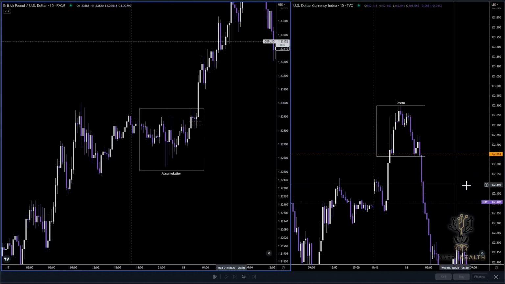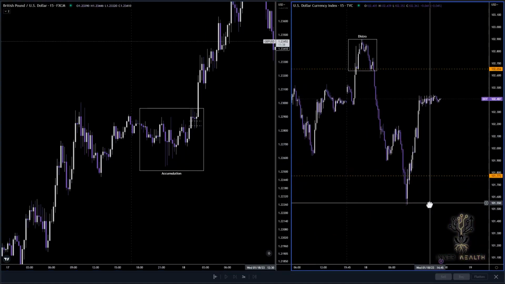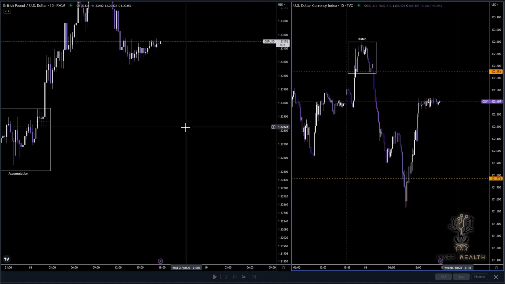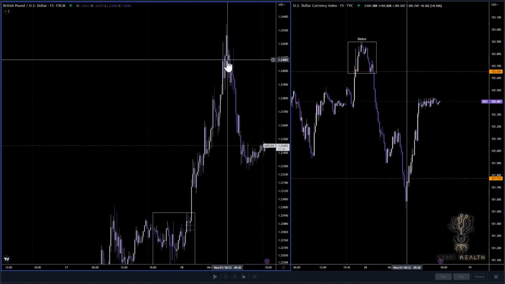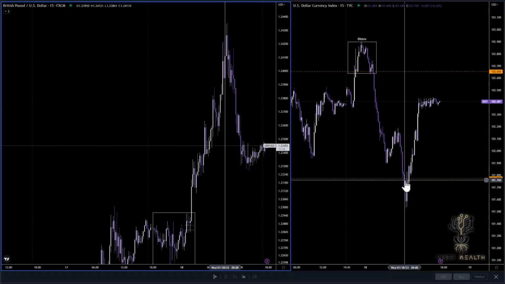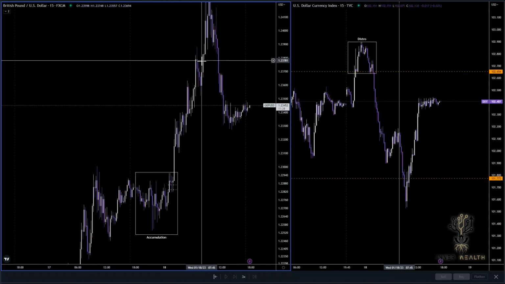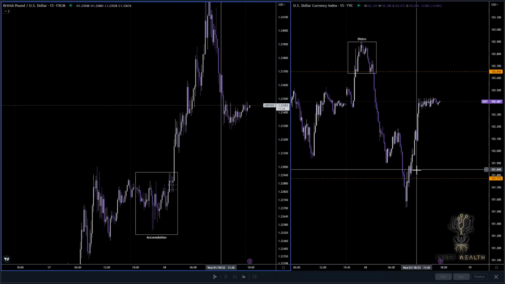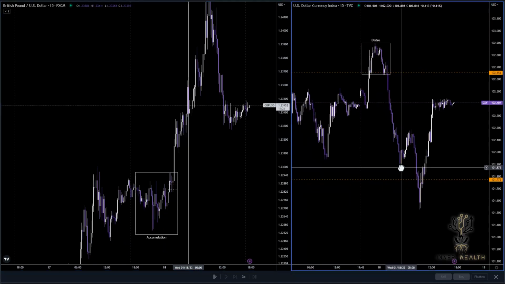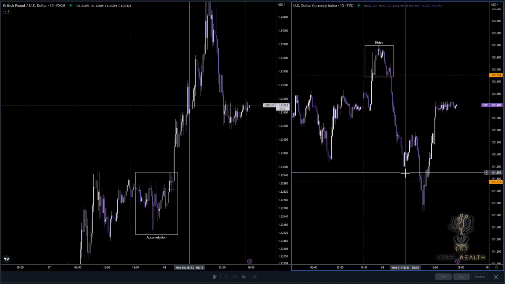And until DXY takes out that previous daily low, or when it does, that's when I close my GU. Because if my target on the DXY has been achieved, why would I hold a GU target, right? Because again, the US dollar index is the most influential asset in the foreign exchange markets.